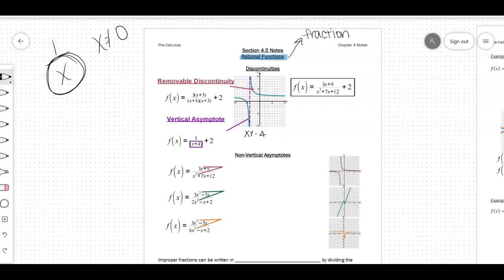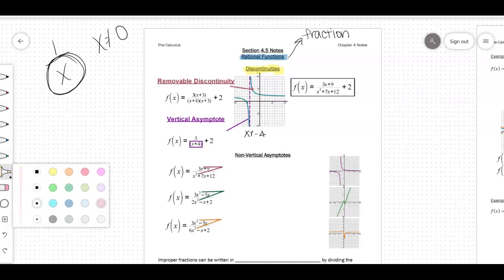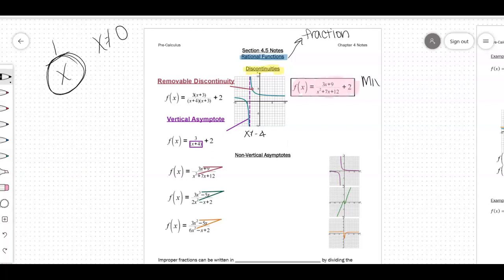That means that wherever there's an x value that would make our denominator equal 0, we're going to have a discontinuity. Okay, so looking at our function f of x, notice that it is in that mixed number form.